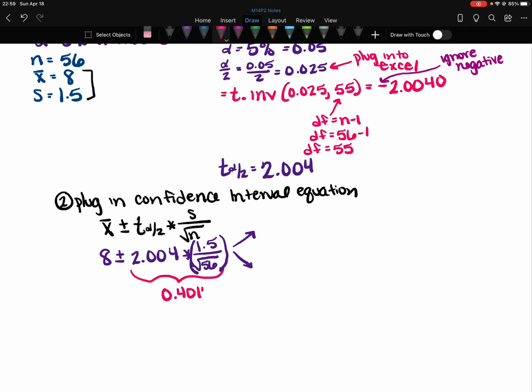So 0.401693647. So then I'm going to add and subtract this margin of error from 8.